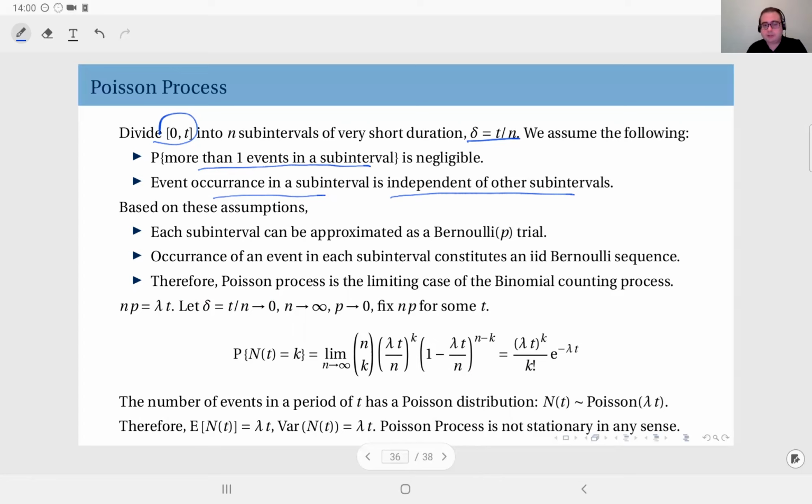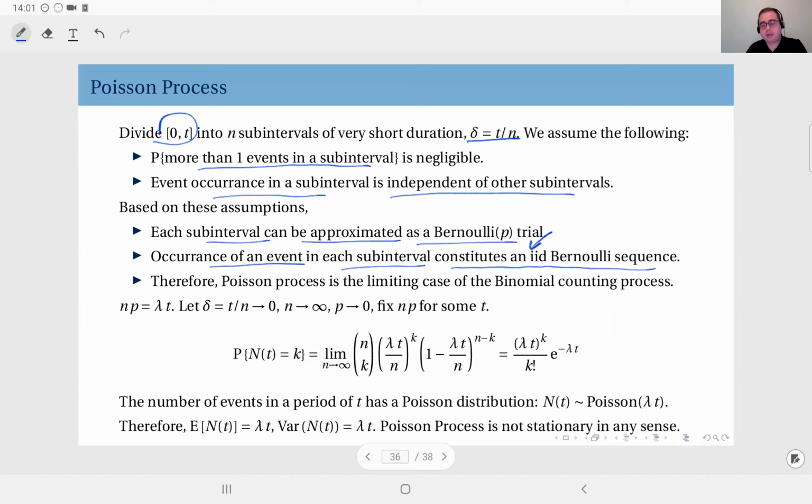So as a result of these assumptions, each subinterval we can model as a Bernoulli trial, obviously. Either 0 events or 1 event. And also the occurrence of an event in each subinterval constitutes an IID Bernoulli sequence, because we have assumed every instant is independent, and the probability of an event occurring in a subinterval is the same for all intervals, it's uniform.